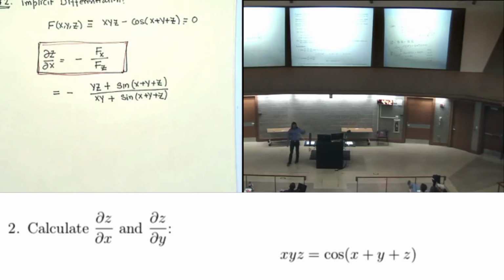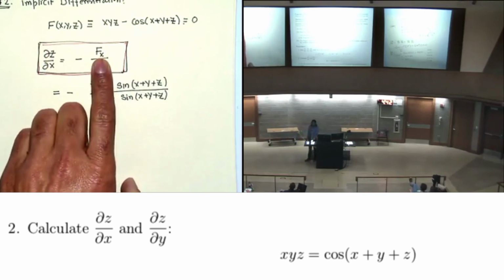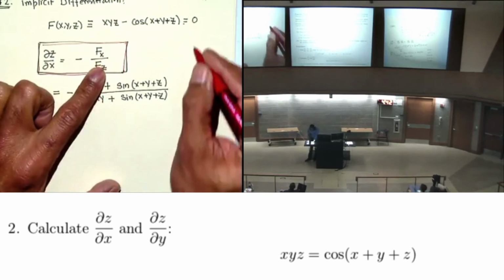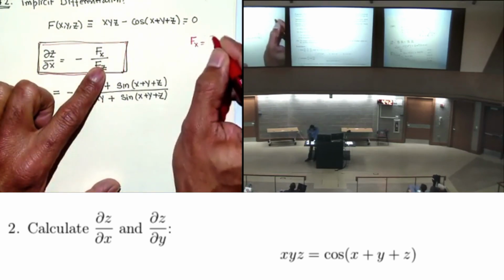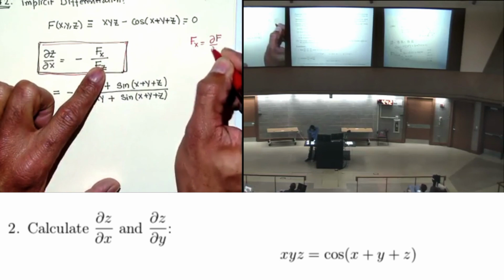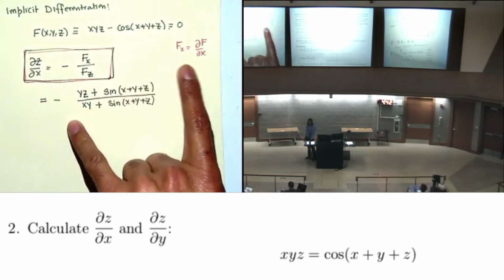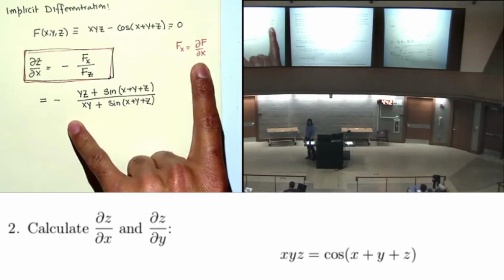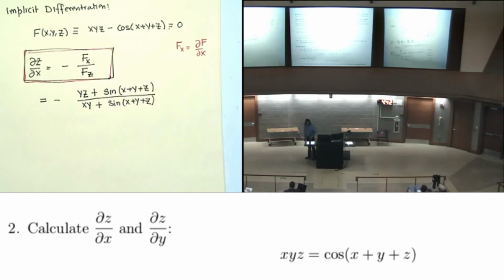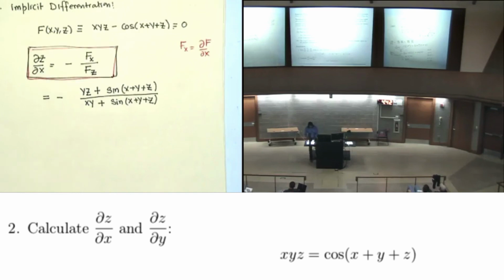Is that partial F sub x? Yes, it's a partial derivative of f with respect to x. This notation F sub x means this. F sub x means partial derivative of capital F with respect to x, if you guys remember.